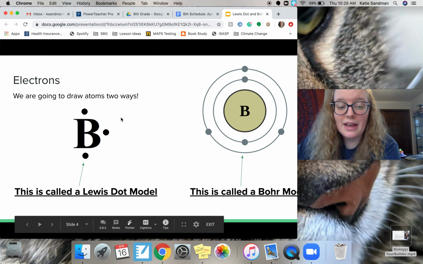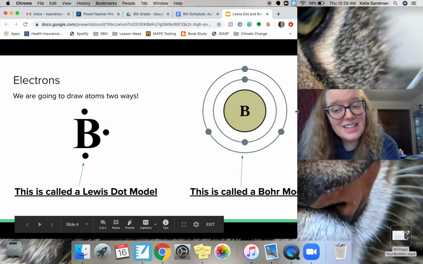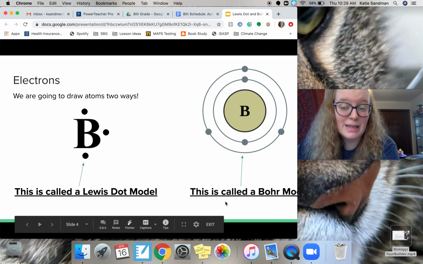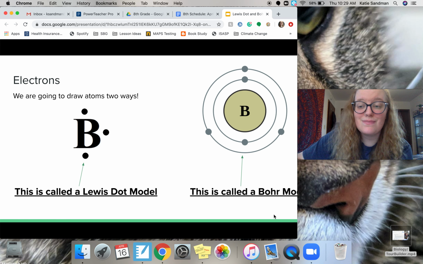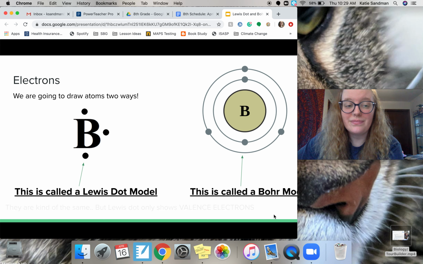The reason why I chose to do the Lewis dot one this week is because if you know how to do this, it'll be pretty easy to figure out how to complete a Bohr model. So a Lewis dot model is, in a way, a simplified version of the Bohr model. So I wanted to start with the simple, and then after we know how to do that, then maybe get into the harder one.